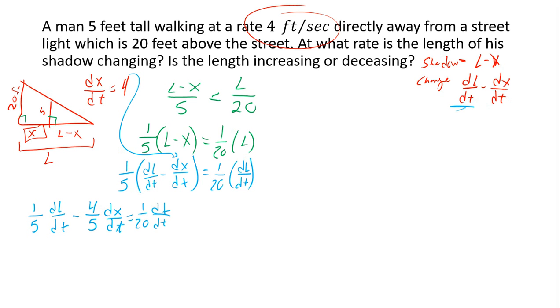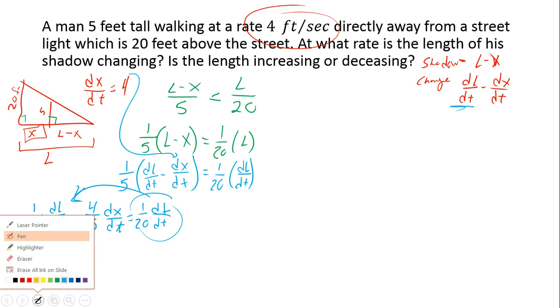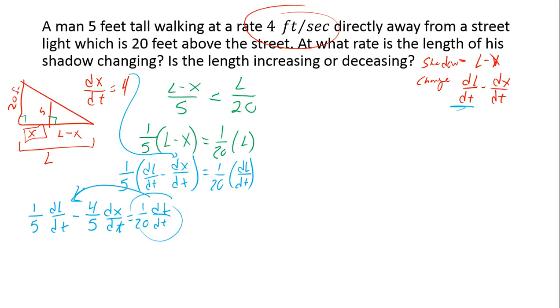And now we're going to get all the dL over dt's onto the same side, which would get us dL over dt multiplied by 1/5 minus 1/20th is equal to 4/5.